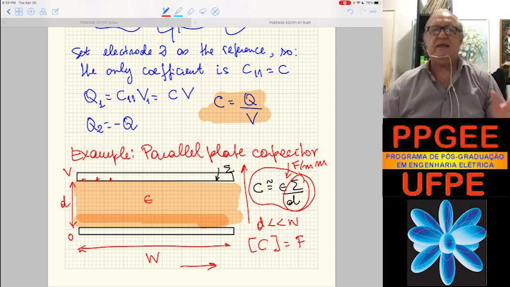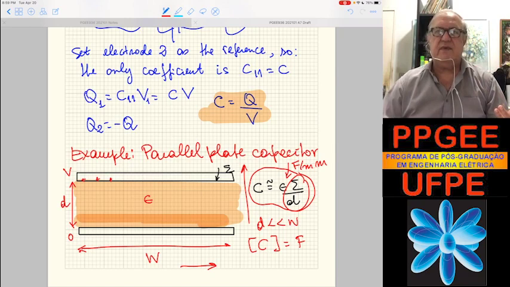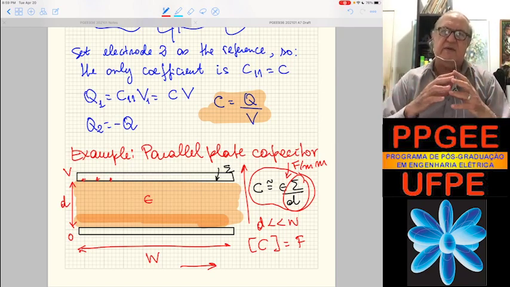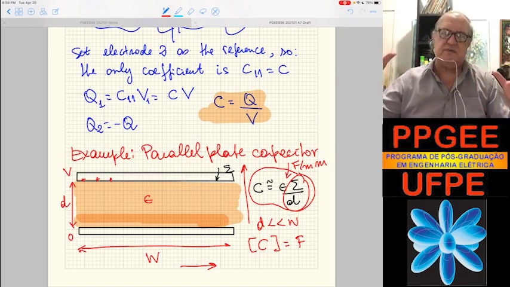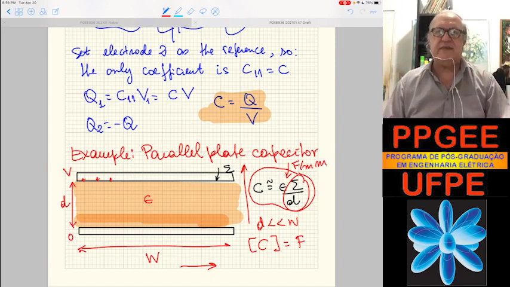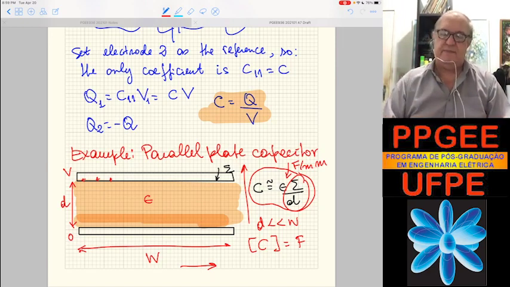So it's going to increase linearly with the linear dimension. Capacitance increases linearly with dimension. If you have a capacitor and you make everything proportional, increasing each length proportionally, your capacitance is going to increase linearly with this scale factor. This is an important concept, okay?